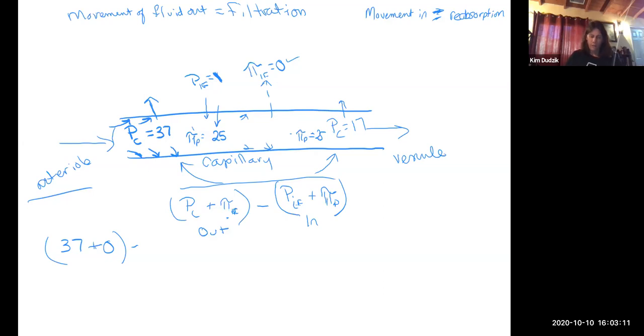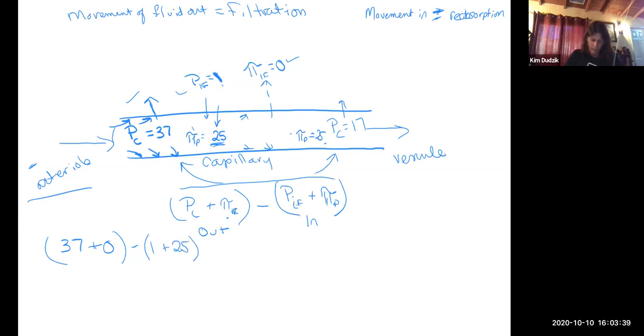Okay, so we're still looking at values that are on this side, the arterial end. So we look at the P sub IF, that was like 1. Okay, and then we look at the plasma colloid pressure, right here, and that was 25.